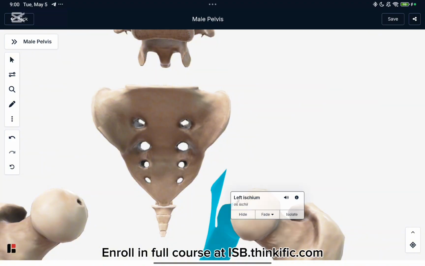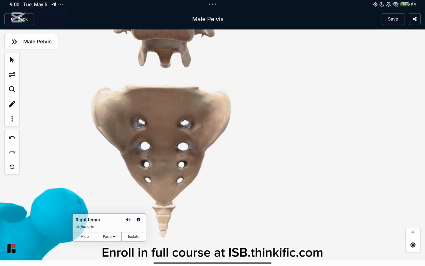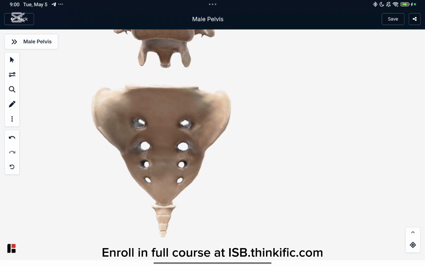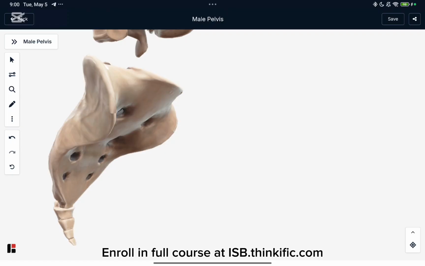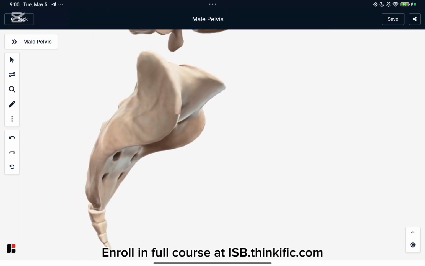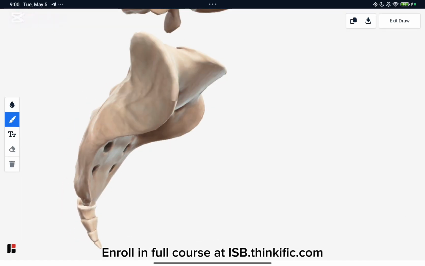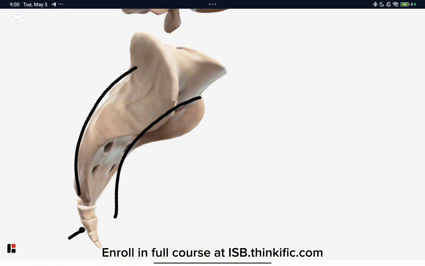And this sacrum used to be 5 separate vertebrae, but then they fused together to form this triangular or wedge-shaped bone, one mass of bone. If you see laterally, the sacrum has a concave surface anteriorly and convex posteriorly, right? Below it meets this tiny bone, the coccyx, and above it meets L5, and laterally it meets the ilium.